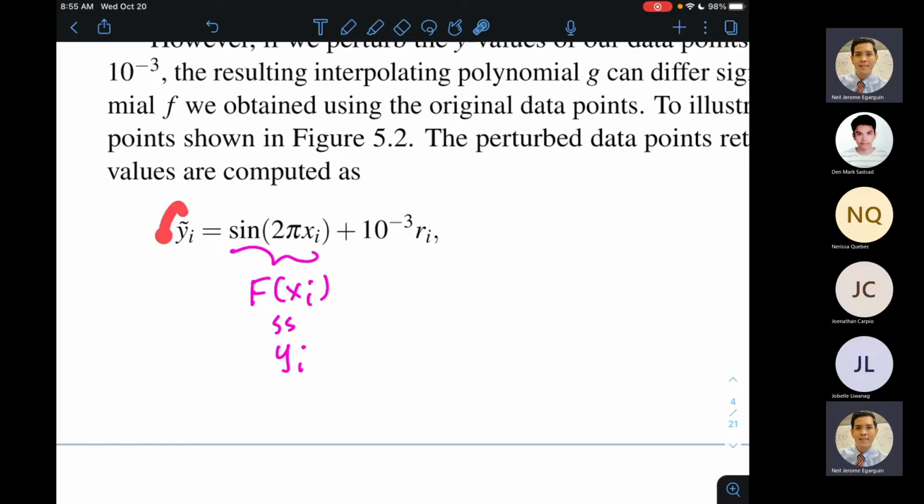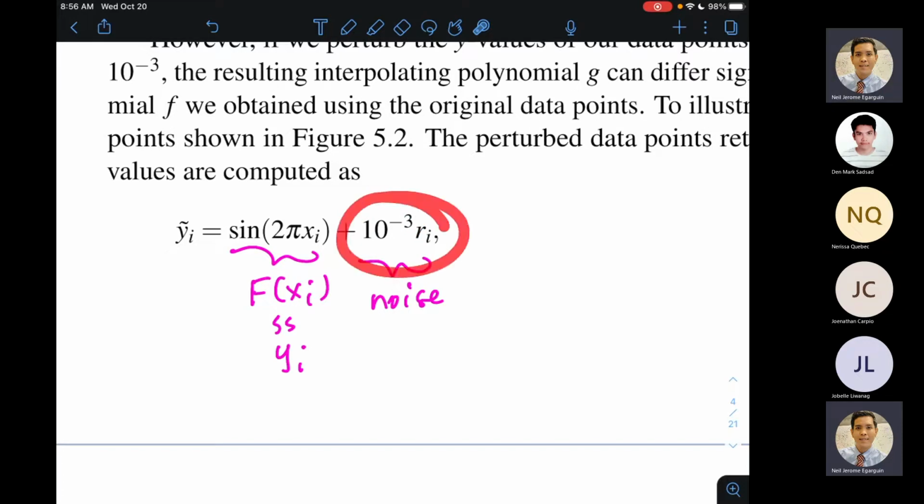Instead, what I'll get is a y tilde. Yung mga y tilde, sila yung mga function values, pero meron silang additional term dito, which you can think of as the noise, possibly due to simulation error or round-off error or measurement error, right? So, meron akong random number r sub i between negative 1 to 1 at saka imumultiply ko siya ng noise magnitude level na 10 to the negative 3.